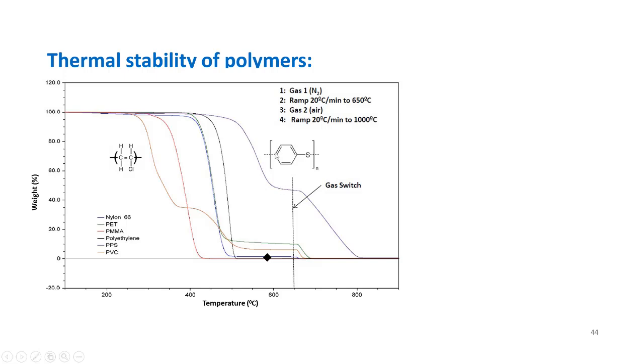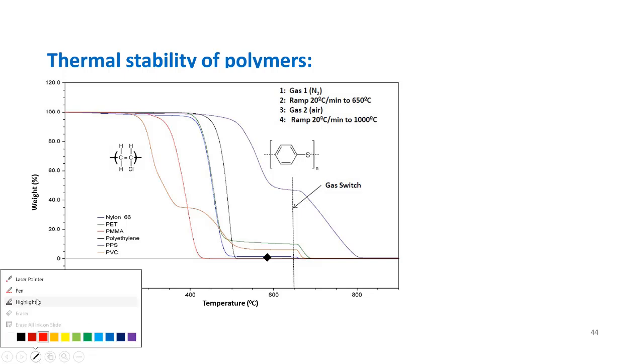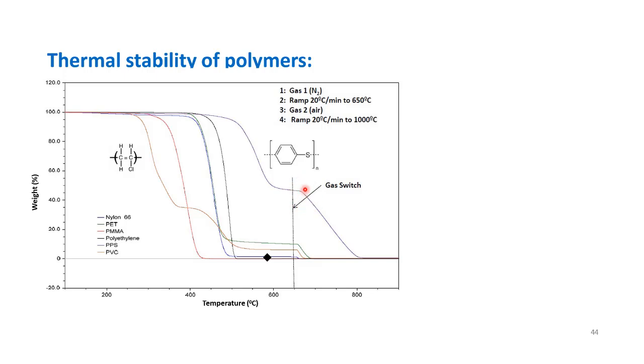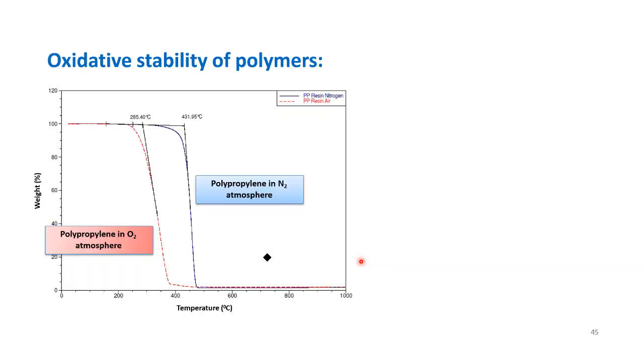That is, the aromatic structure shows the formation of graphitic molecules. So again, this will be higher because of the presence of aromatic rings. And after the switching of gas, that carbonaceous material will again get degraded and comes to the zero value. So that is how we can check the thermal stability of our polymers.